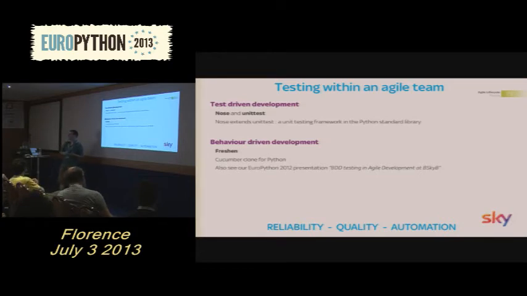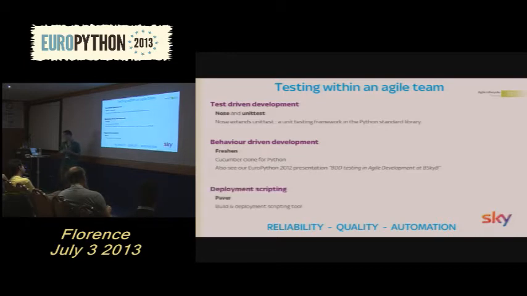So we have that given, when, then syntax, which is known as Gherkin syntax. And for those of you who are interested in learning about behavior-driven development, we had a talk last year at EuroPython 2012 entitled BDD Testing in Agile Development at BSkyB. That's available on YouTube or the EuroPython website if any of you are interested in looking into that further.